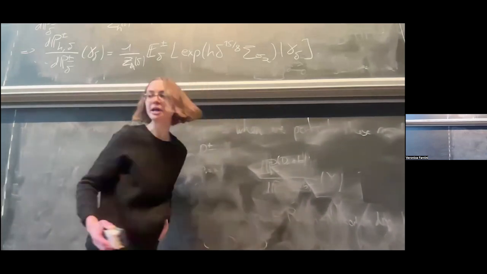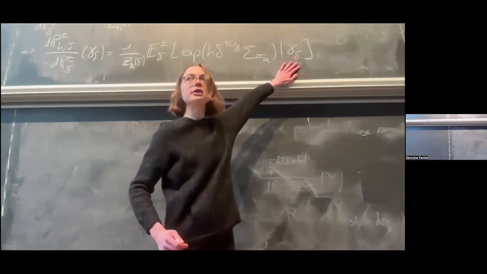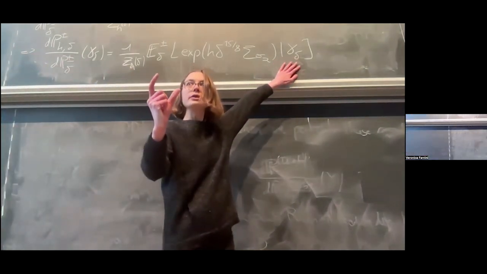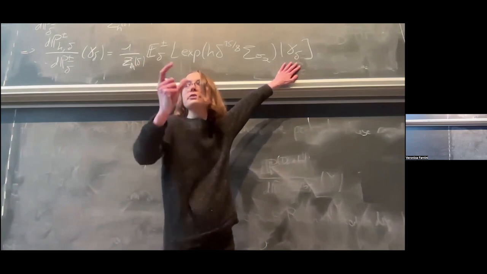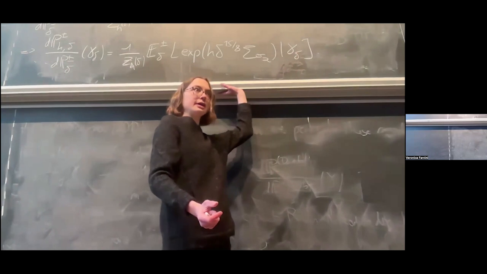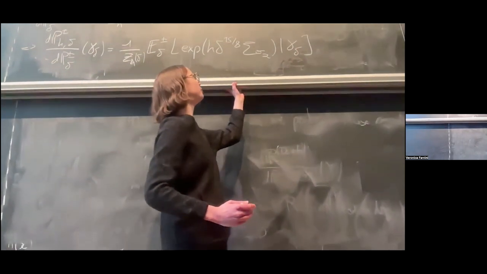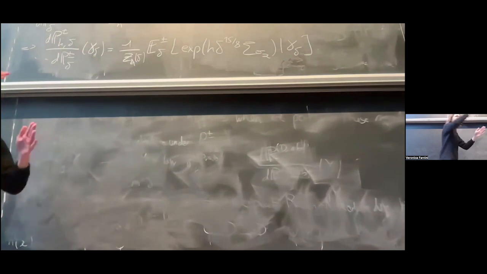Maybe I should say here, instead of conditioning on the whole interface, I could stop after some time or some step, and do exactly the same and get the Radon-Nikodym derivative when you stop the curve after some time.